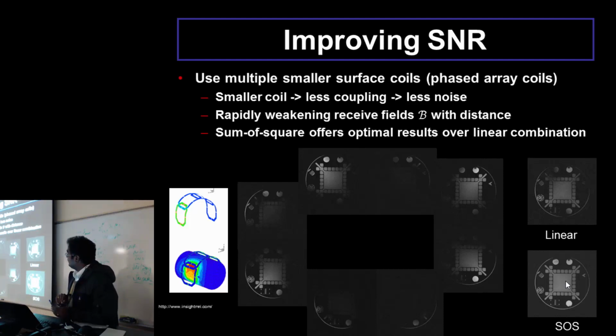It's essentially the way noise gets added up when you add these images linearly versus when you square them up and then add them up.